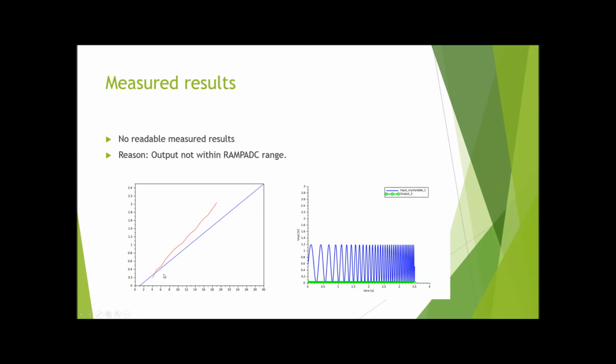We cannot get any output using the step response, a square wave or a sine wave. So we use a very low frequency signal and measure the voltage, and this signal can be much lower than our cutoff frequency. So this is why we cannot get measured results.